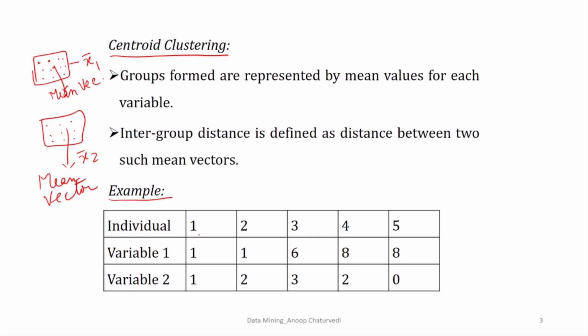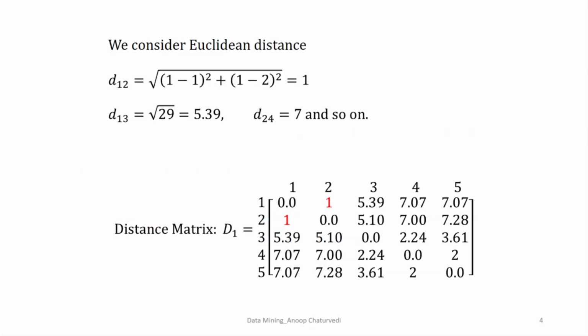So, there are 5 individuals and on each individual we have observations on 2 variables. So, these are the observations. Then first we consider the Euclidean distance. So, the distance between individual 1 and individual 2 is equal to under root (1 minus 1) square plus (1 minus 2) square.